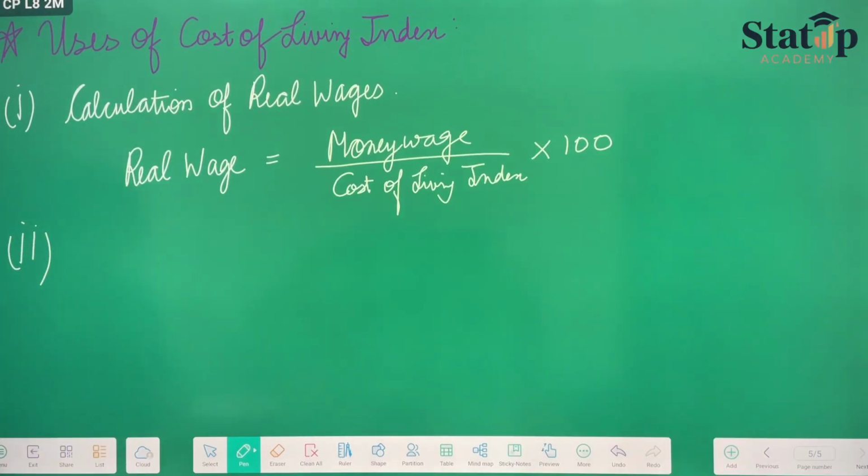Then the second usage is determining the change in the purchasing power of money.